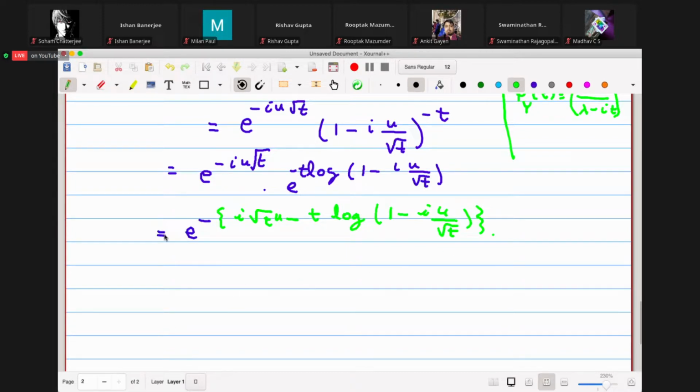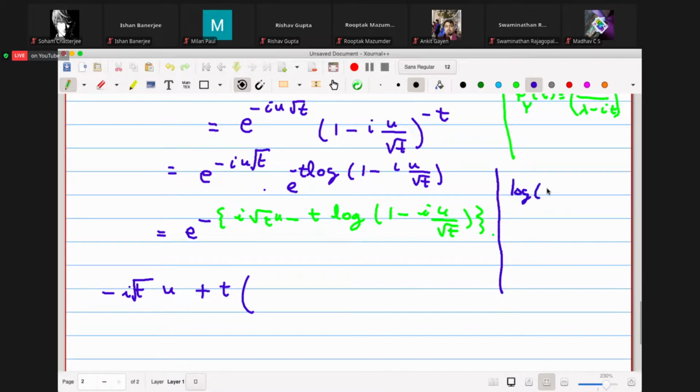Okay. So now you look at only the exponent at the moment. Minus i square root of t u minus t times log 1 minus something. You expand this, all terms are going to be negative, and so there is already a minus, so I may as well put plus sign here. Now, do you recall the formula?